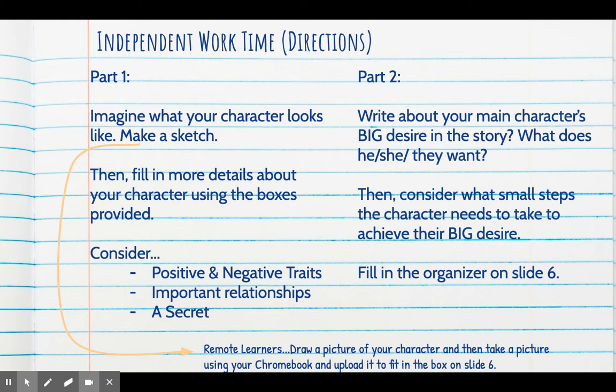In part one, you're going to imagine what your character actually looks like, and you're going to make a sketch of that character. I highly suggest doing that on paper, and then taking a picture and uploading it to the next slide or the work slides that are coming up. There are other details that we want you to consider as well. So there are different boxes with prompts or questions that ask you to consider positive and negative traits of your character.